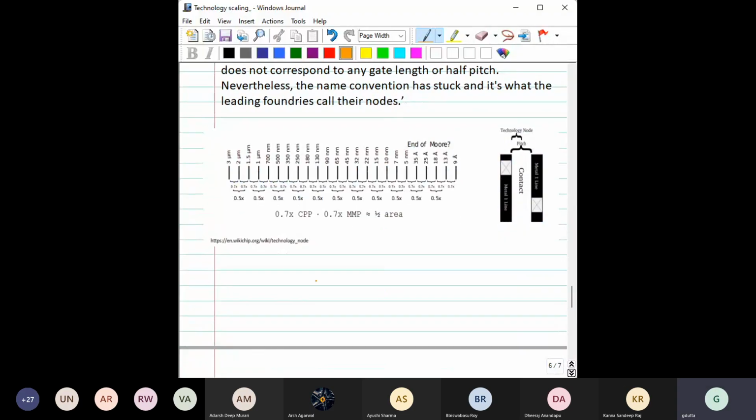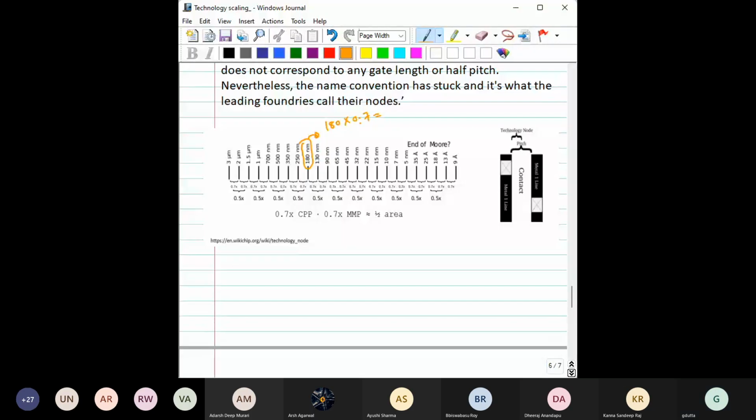See, these are some of the technology nodes. Maybe you are familiar with the 180 technology node. Are you familiar with that? We have discussed it. Then what will be the next technology node? You will get the next technology node by multiplying 180 into 0.7.